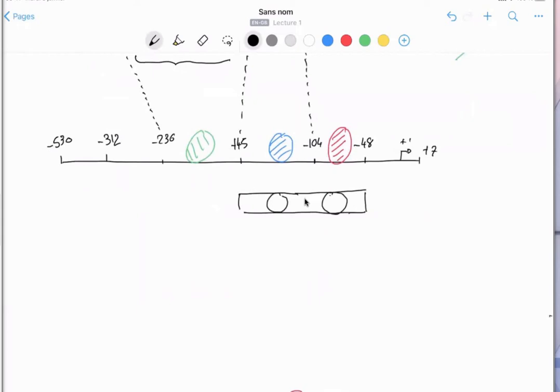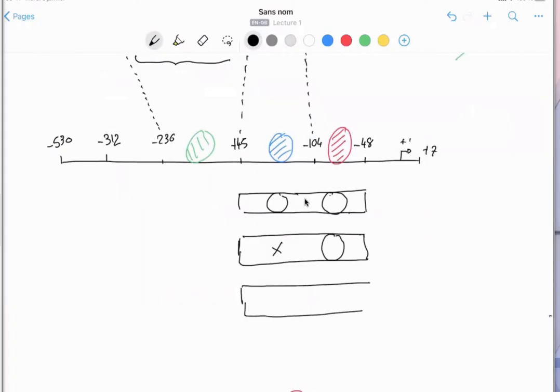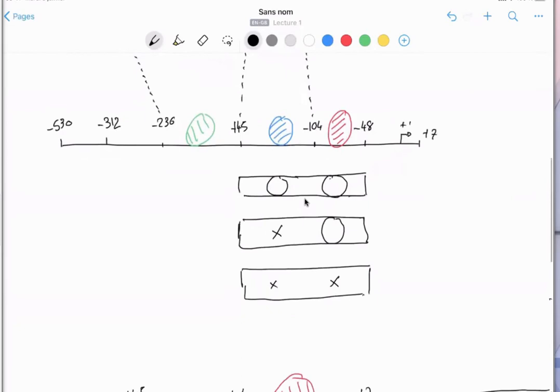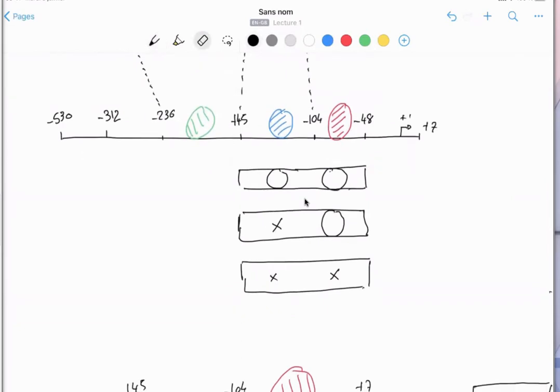Okay, if we do a mutation only in the site of the blue binding protein, we still have protection for the red site, but if we mutate the binding site of the red protein, you don't have anymore the blue protein binding site capacity. So it means that, is it okay for this conclusion?